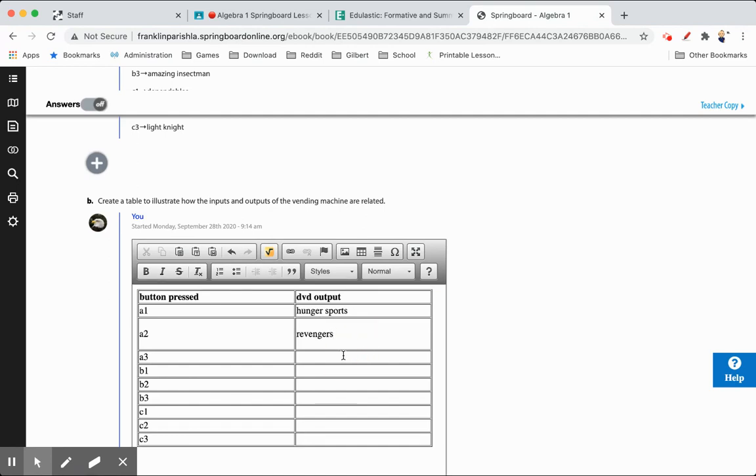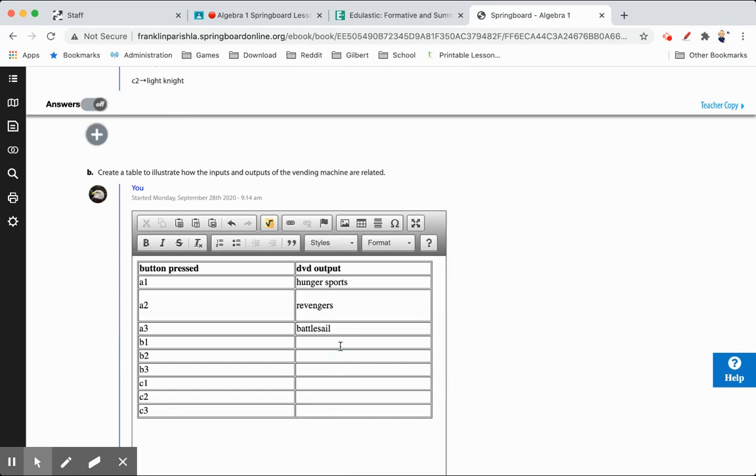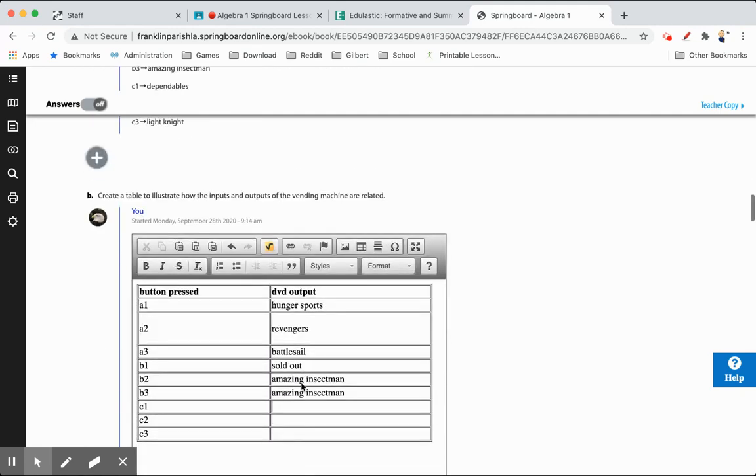Battle Sale. It's sold out. Amazing Insect Man. Amazing Insect Man. And then Dependables and Light Night.